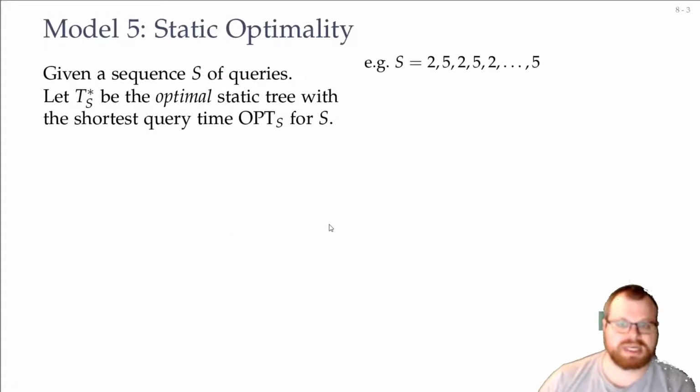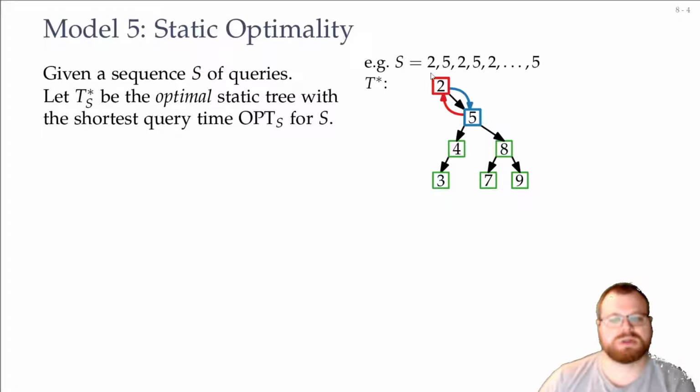So for our example in the beginning, we have the sequence 2, 5, 2, 5, 2, 5. Then the optimal tree would look something like this. We have the 2 and the 5 at the very top, and we only take constant time for each query, exactly 1 time here, so the optimum is S, or order of S.